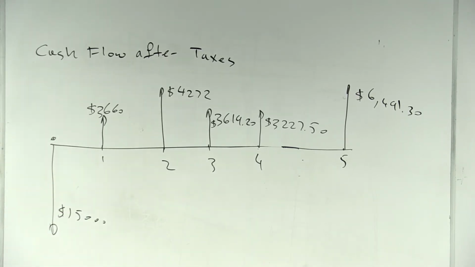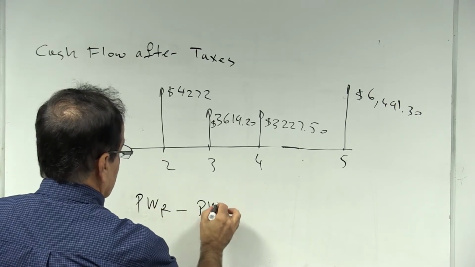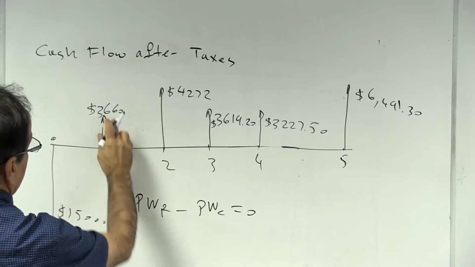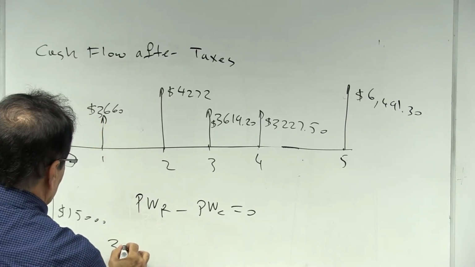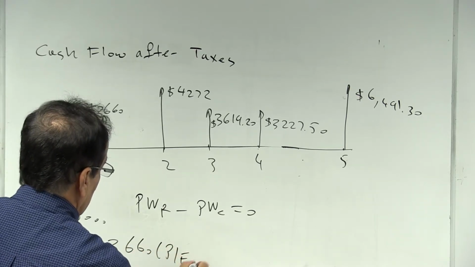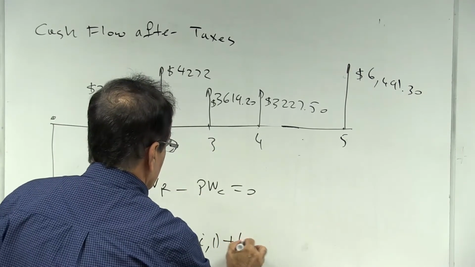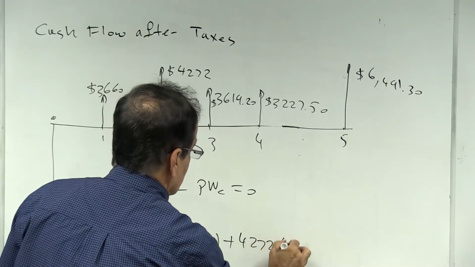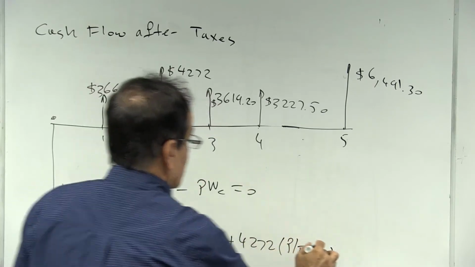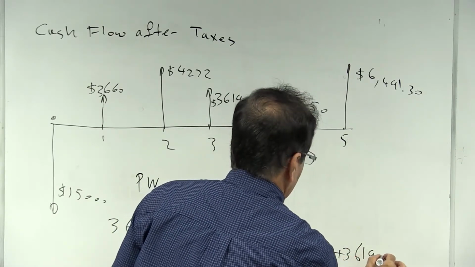Obviously, this is not any uniform payment. You have to do this one individually. So what you have to do here is this. Present worth of revenue minus present worth of cost equals 0. So you have 3,660 at the end of year 1. So you're going to multiply this one by P given F, I unknown, for 1 year. Then you have the next one, year 2, which is 4,272 times P given F, I and 2. The next one is 3,619 and 20 cents.